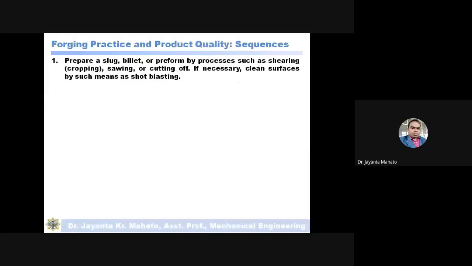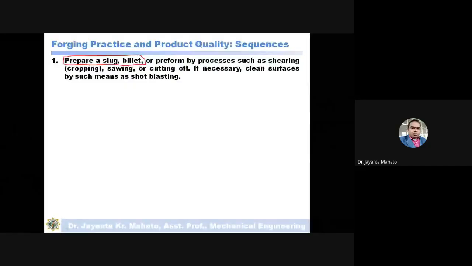Okay. So first, prepare a slug or billet or preform by processes such as shearing or cropping or sawing, means with the help of a hacksaw or cutting off. So first you have to prepare a billet according to the required volume, according to the requirement of the desired product.